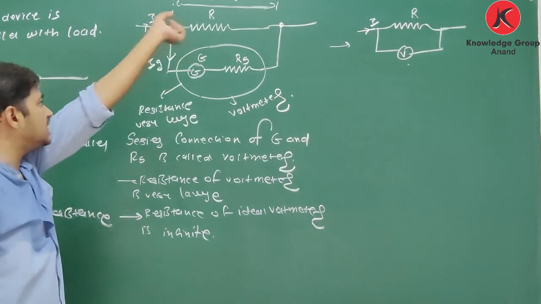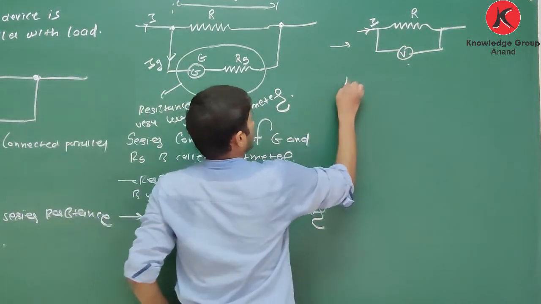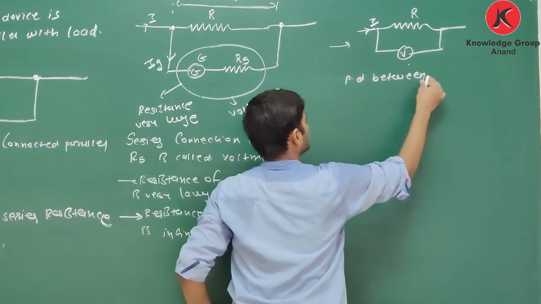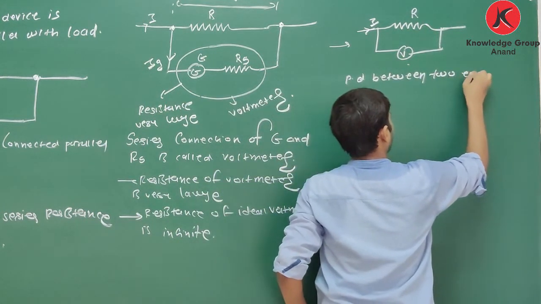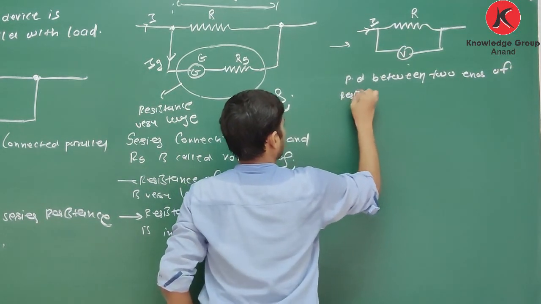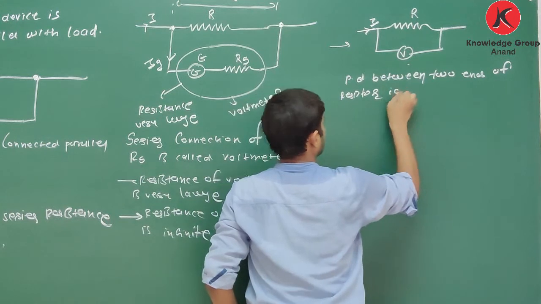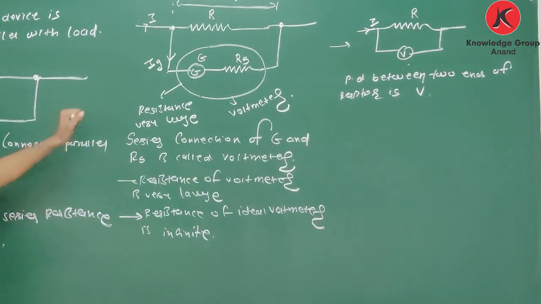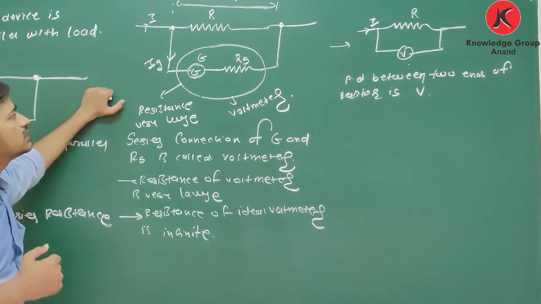Yes, it is. Let's see how to find it. The potential difference between two ends of the resistor is V. Then how to measure this value of V?